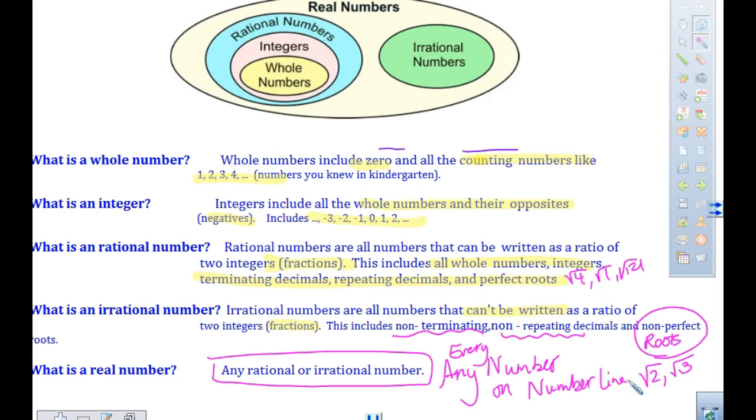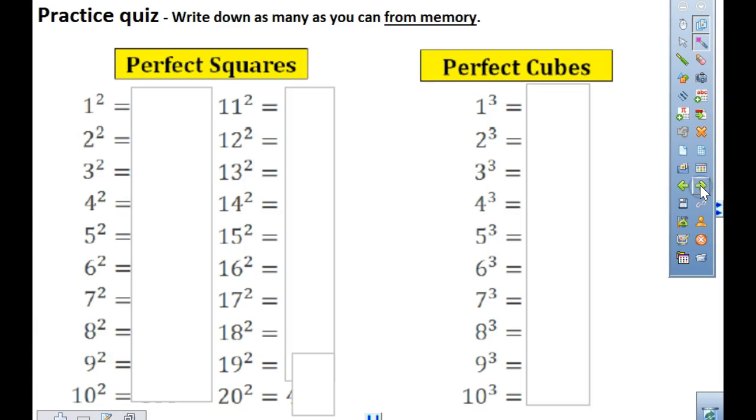It said in between any two rational numbers, you can always find another rational and irrational. Between any two irrationals, you can always find a rational and an irrational. So on a number line, you can always find other numbers in between them, okay? All of these make up our number line, okay? Now, top of that next part down in your notes, go.